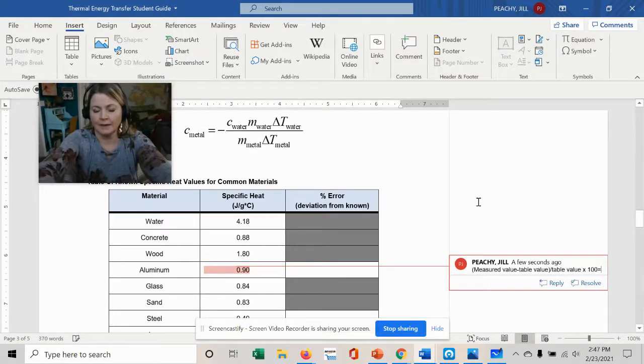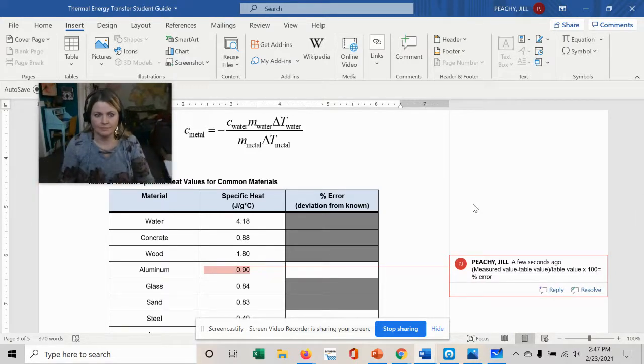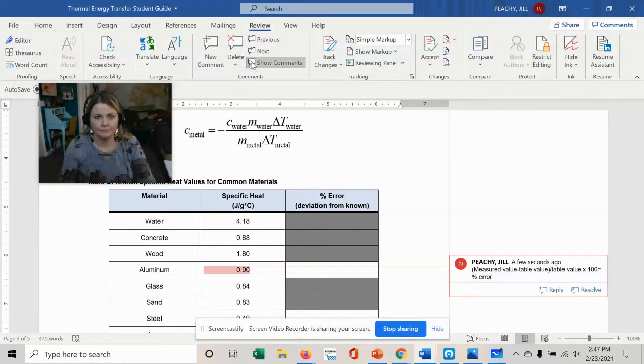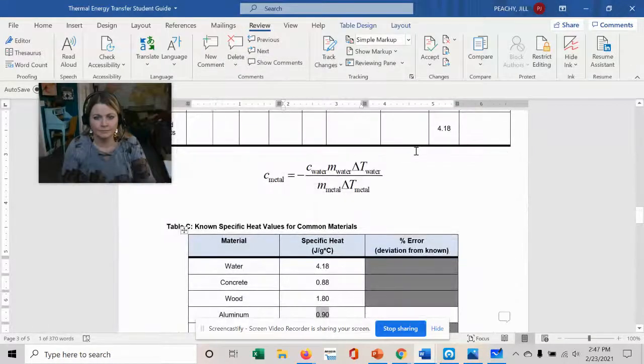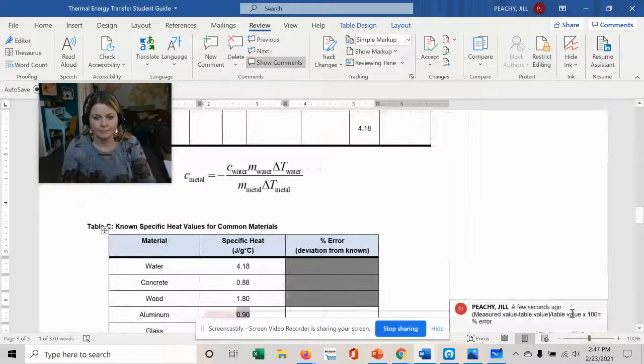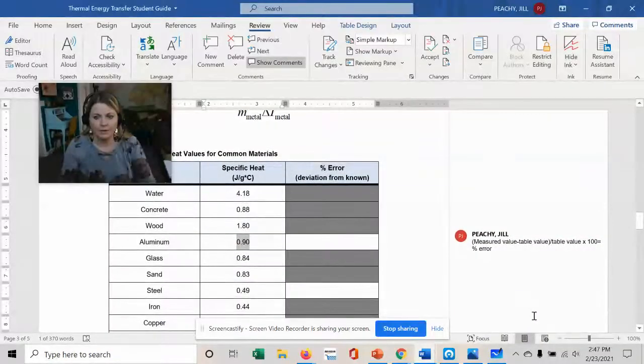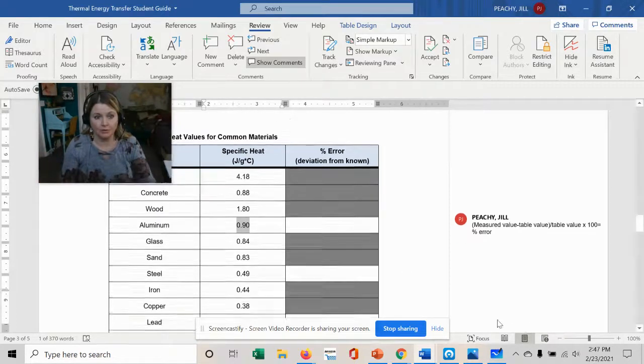Okay, and that gives us our percent error. You can kind of see that there. Measured value minus table value, get the difference, divide it by the table value, and multiply by 100. And that should give you your percent error.